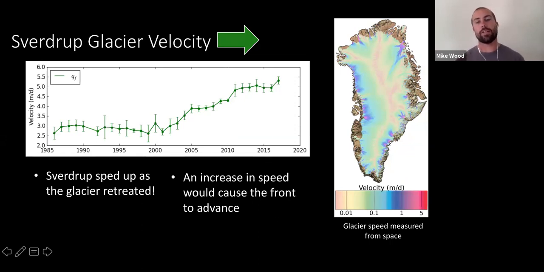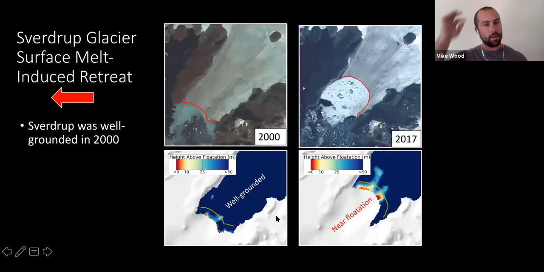So we know that there's other changes going on at the glacier front right at around the year 2000. We can consider surface melt-induced retreat by looking at how grounded the ice is, or what the height of the ice is above flotation. And what we see in the year 2000 is that most of the ice at Sverdrup Glacier was quite high above flotation.